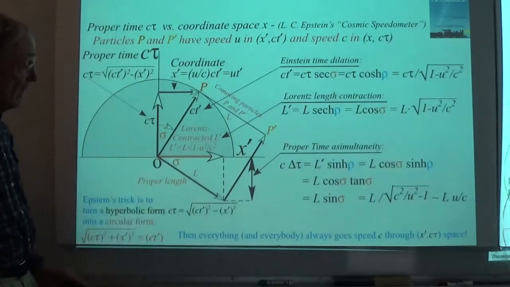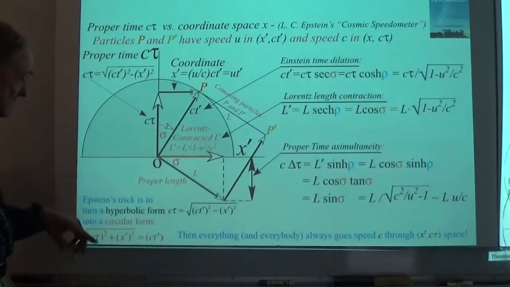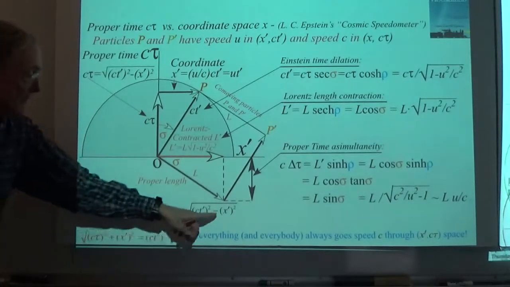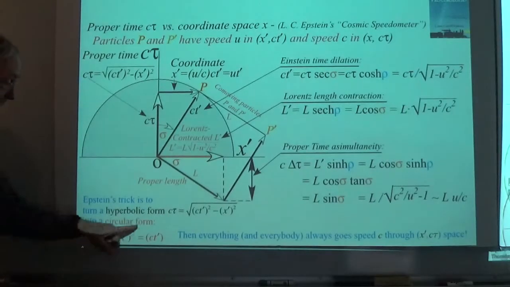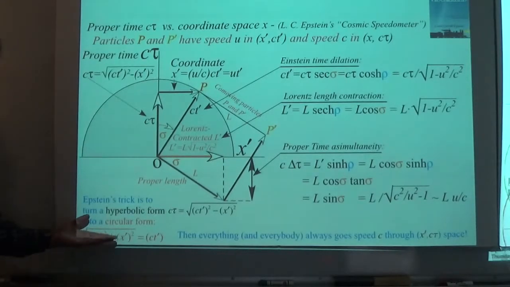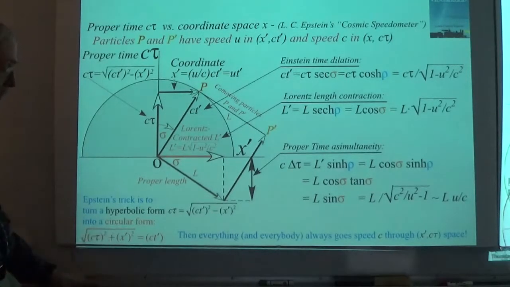He says, turn that around. Put this thing on the other side with the proper time, and then you've got a circular form. You've got a regular Pythagorean sum, a squared plus b squared equals c squared, so to speak.